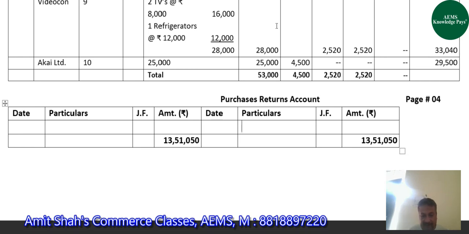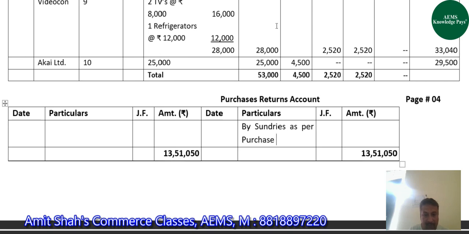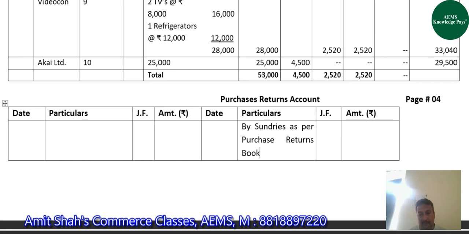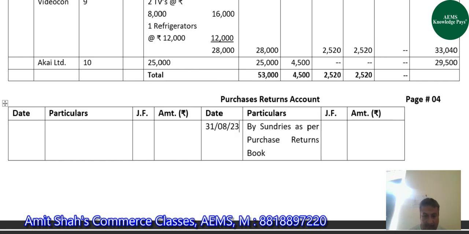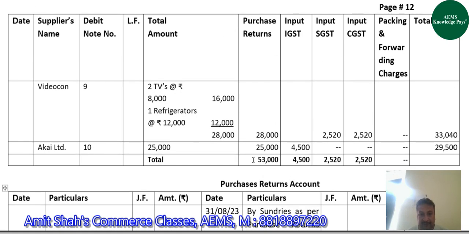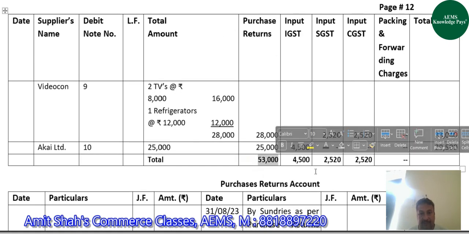But in our example, it is not so. So here we'll write by sundries as per purchase returns book. At the end of the month, the total of purchase returns is 53,000.